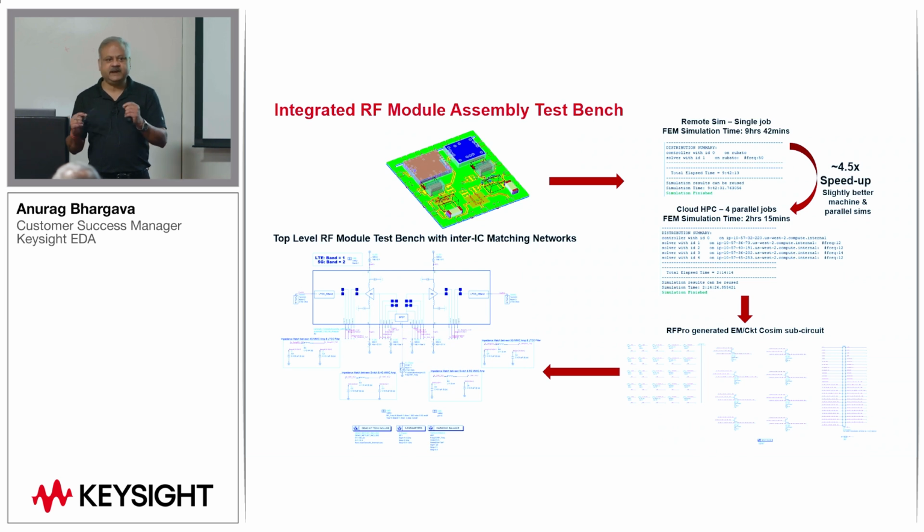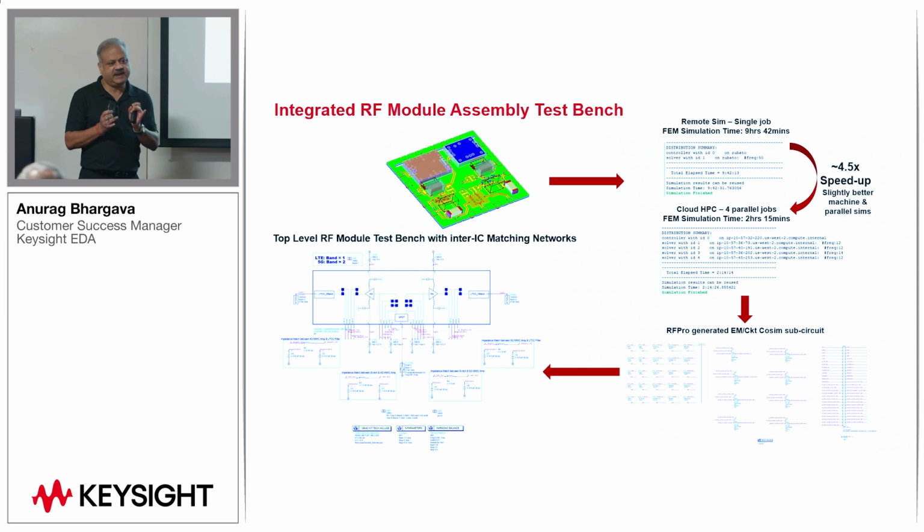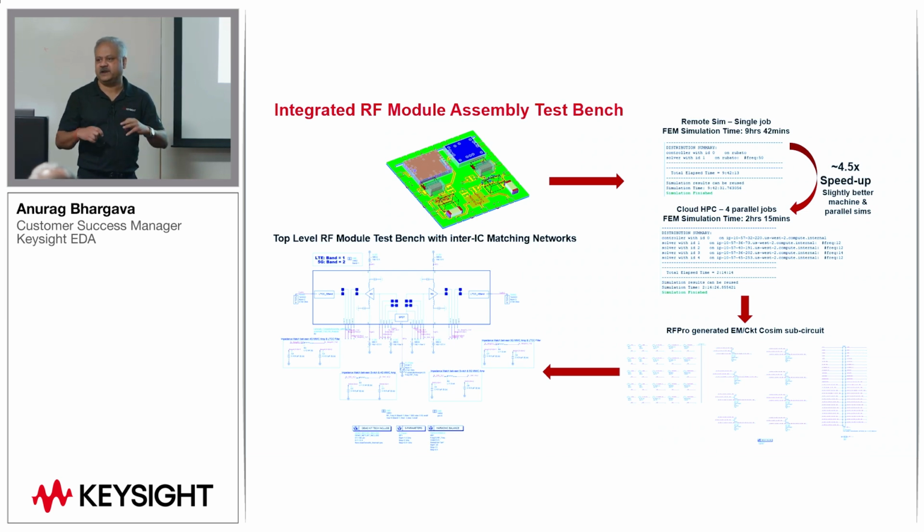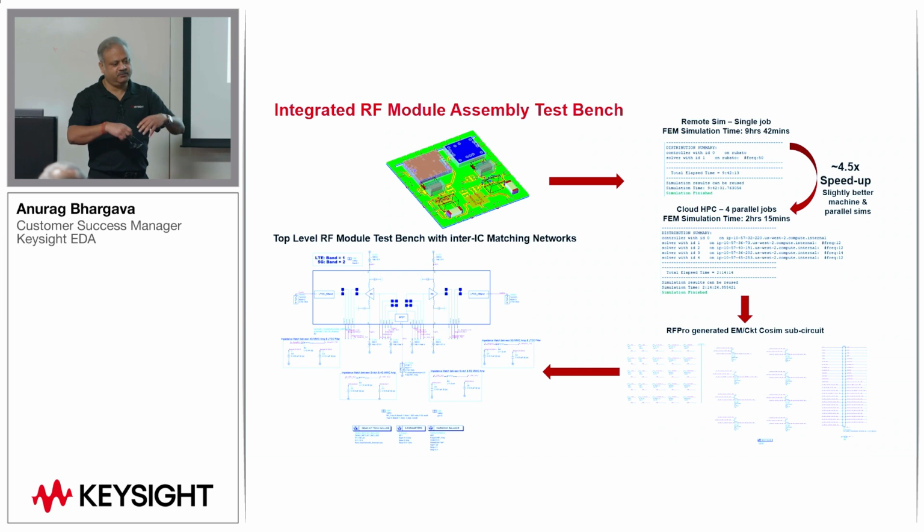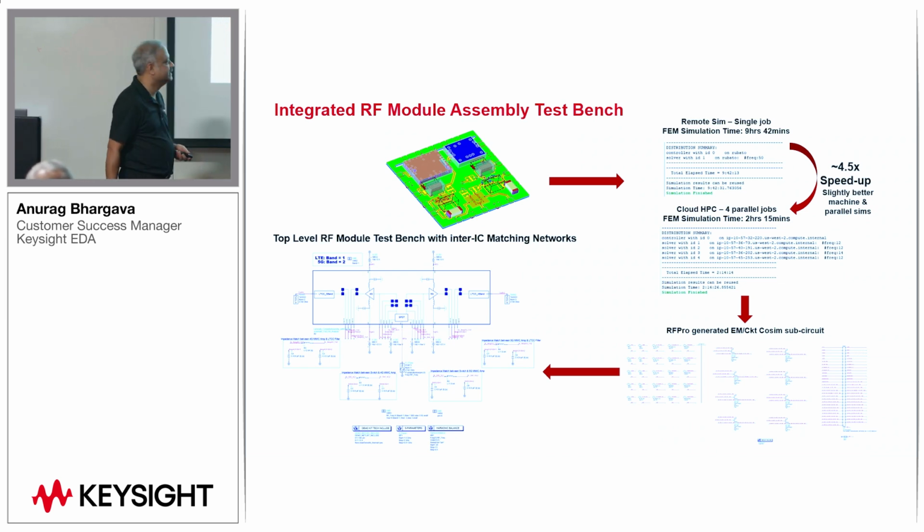It usually ends up in 200 plus ports for a typical module. Even for IC level, if you think about your CMOS IC or SiGe IC, you easily have 100 ports. If you remove all devices, you connect ports. So as a designer, first you remove all of them, you manually put all the ports, you run simulation, okay, you end up with a 100 port, 200 port S matrix.